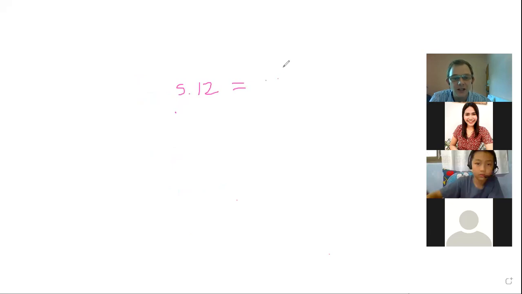Because we know the fraction is 5 and 12 over 100. So how do we write this as an improper fraction? You can tell me. It's 512 over 100.